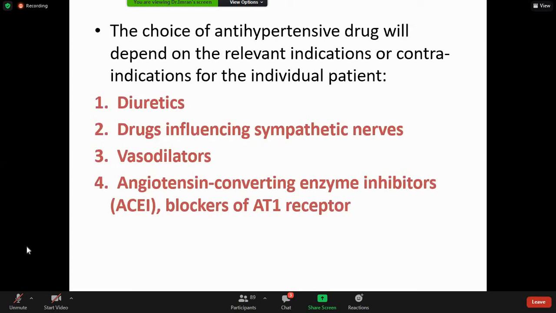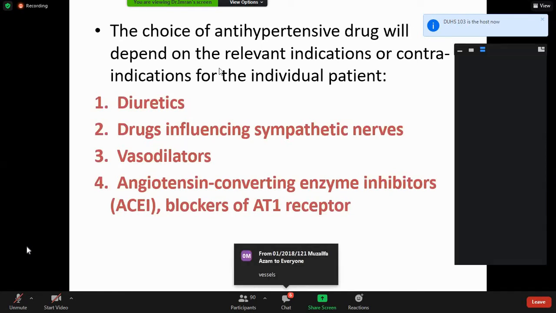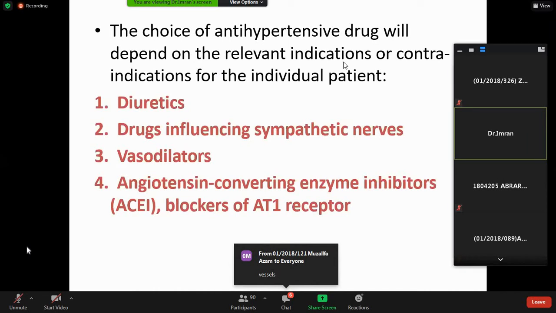Anyone tell me the answer? Vessels, very good, vessels, right?